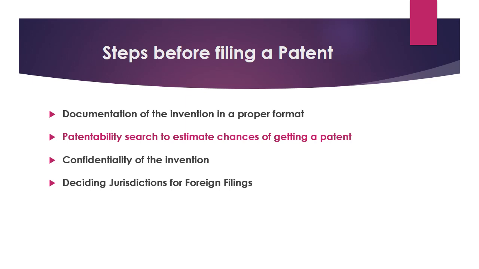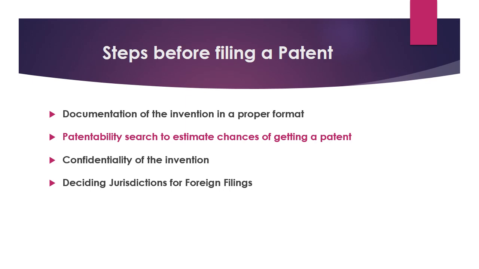In the last lecture I told you that patent filing is a territorial right. If you are filing in India, you will get the right only in India, and people in the US or Europe won't be asking or taking your permission to use or manufacture your invention.